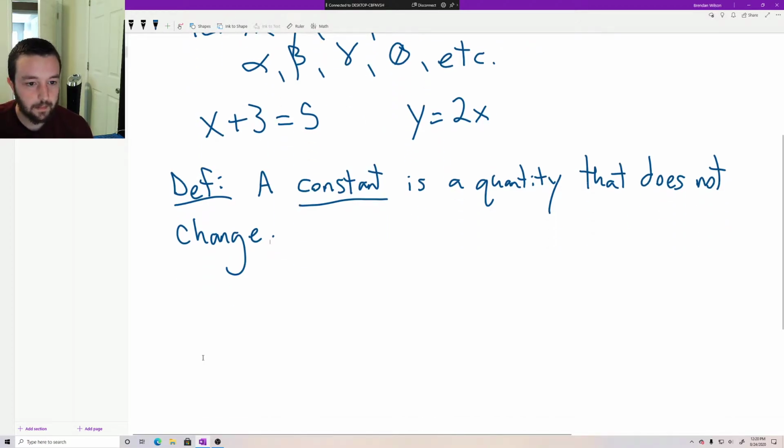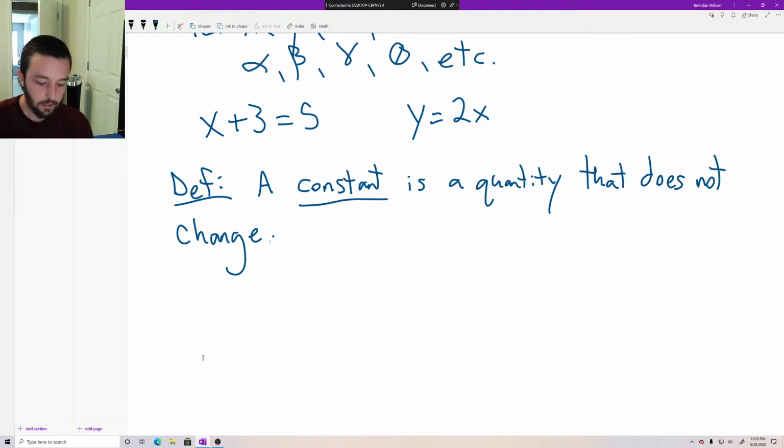The way we're going to look at constants right now, we always will know them. Eventually, if you were to go on in math, you'd maybe tweak these definitions a little bit because there could be constants that you don't necessarily know what they are. So you'd probably define variable a little bit differently because of that. But in our case, a constant is going to be pretty much always a known quantity.